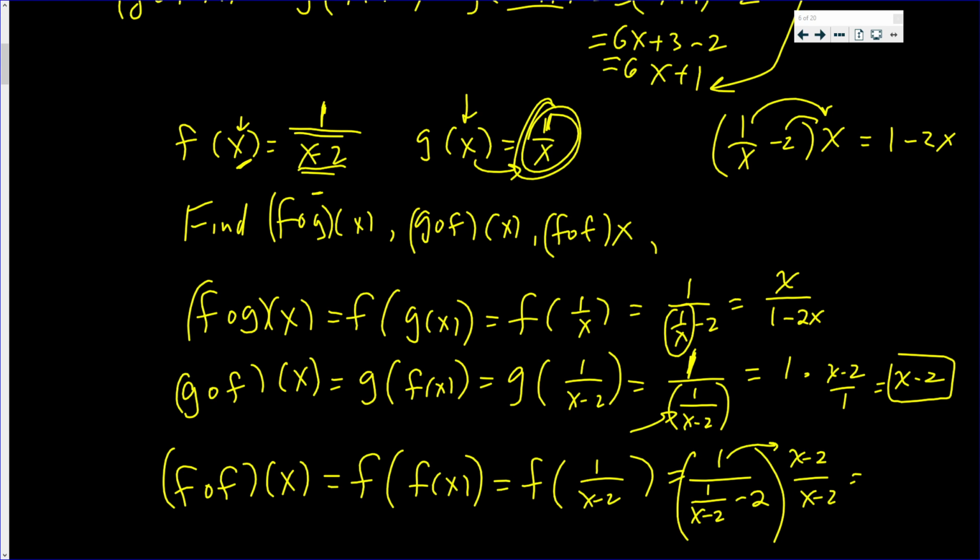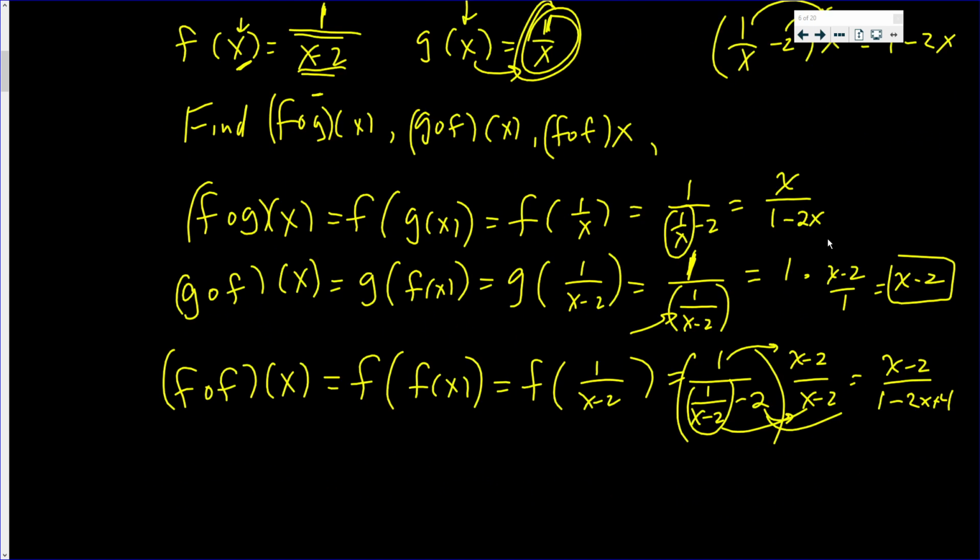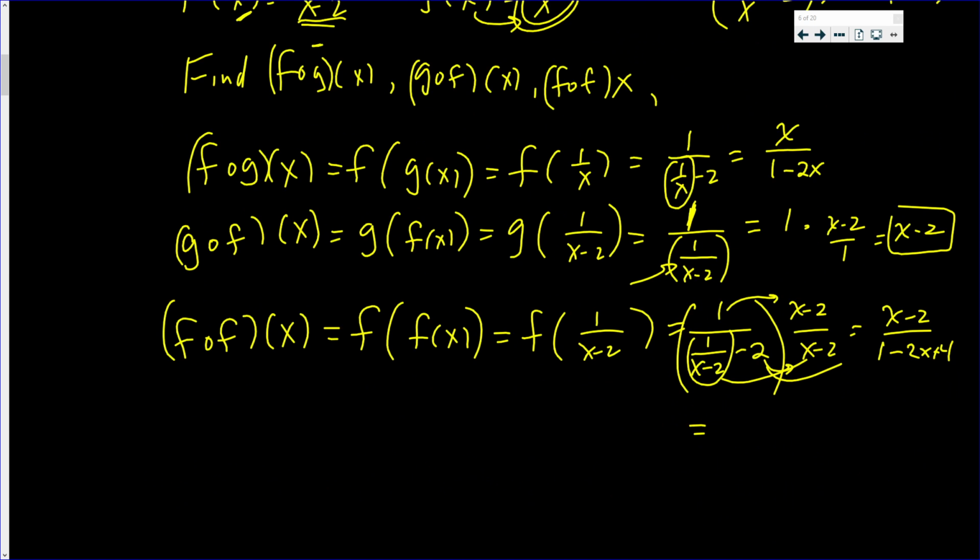1 times x minus 2 is x minus 2. 1 over x times x minus 2 is 1 minus 2x plus 4. And that's going to simplify out to x minus 2 over 1 plus 4, 5 minus 2x.